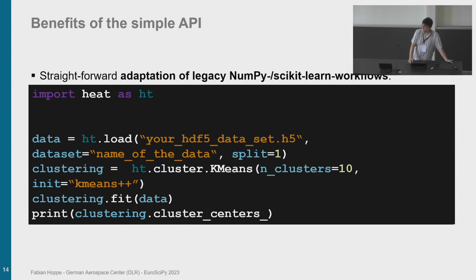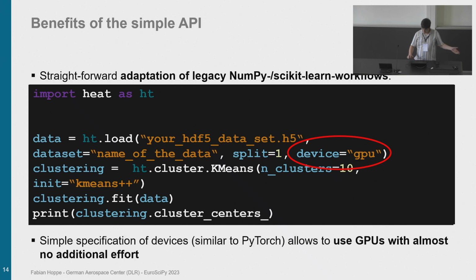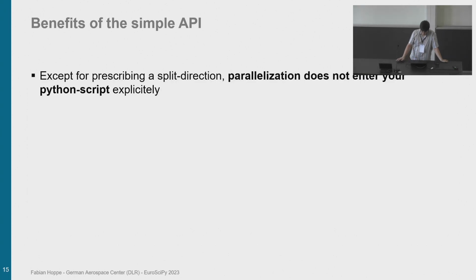By standard, data is loaded on CPU. You can also make that explicit. Doing the same thing on GPU is very easy: you just say, load it on GPU, which is very similar to PyTorch, and it's almost no additional effort to use GPUs. Also important, parallelization does not enter your script explicitly, except for which dimension you want to split.